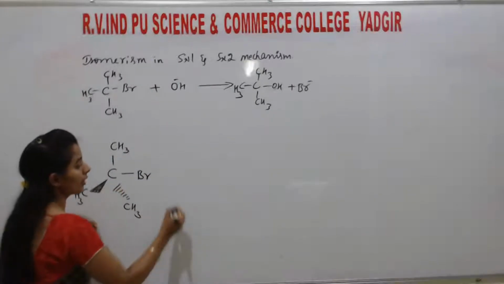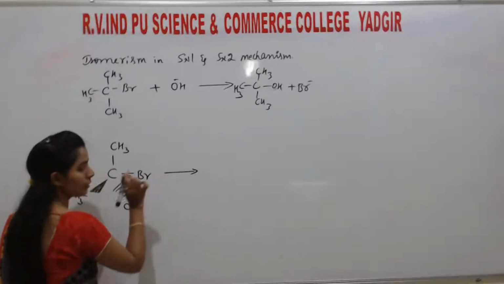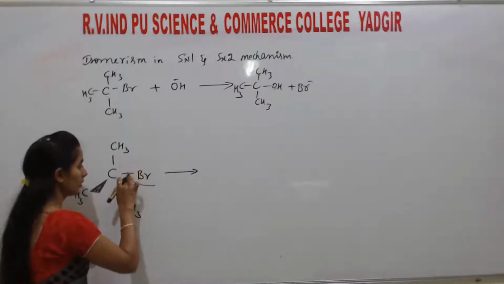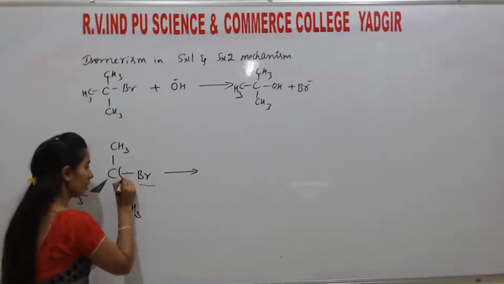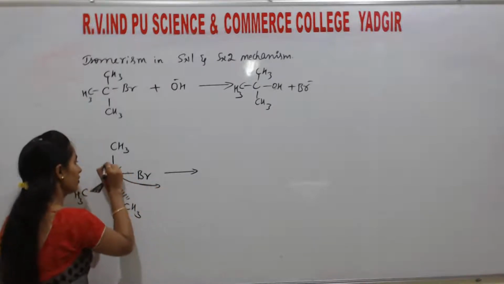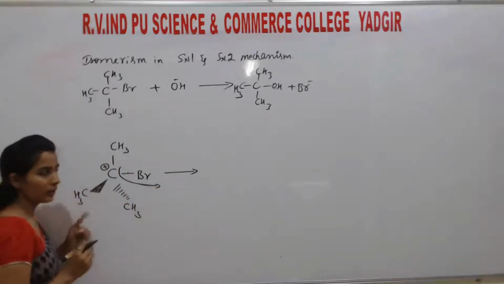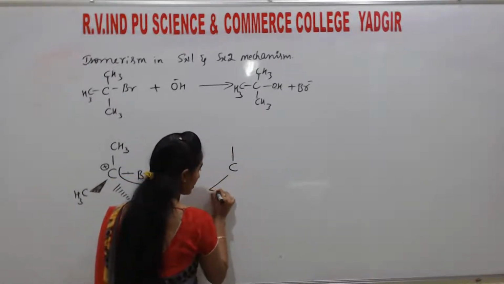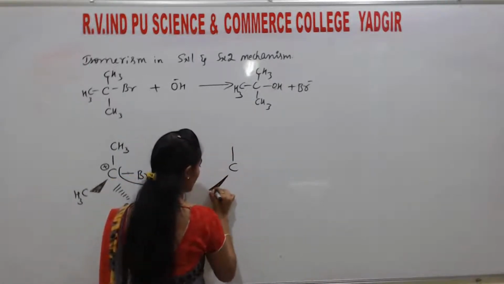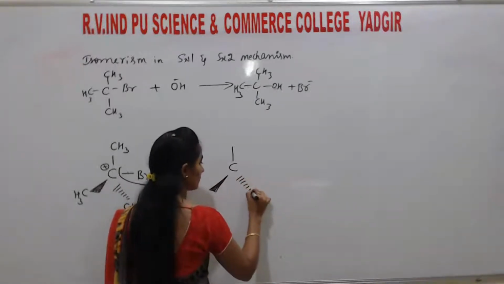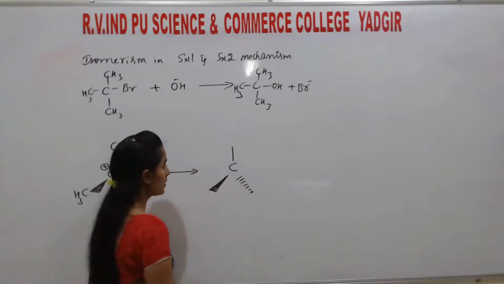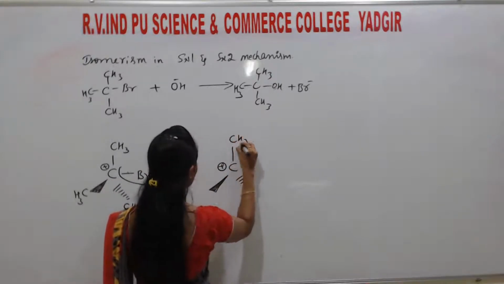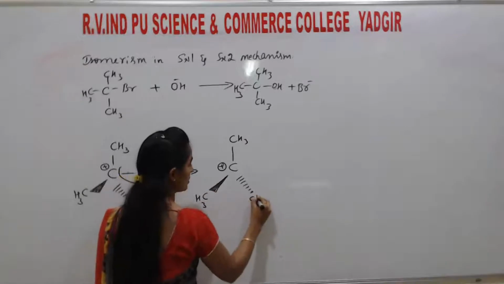By the removal of Br, a carbocation forms. Then this becomes what? A planar structure, like this one. Understand? So here it is plus, and here CH3, CH3, CH3.